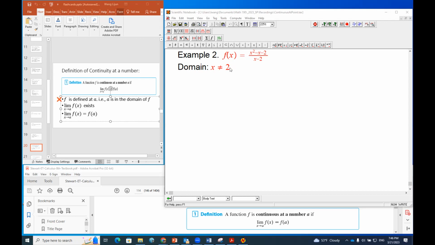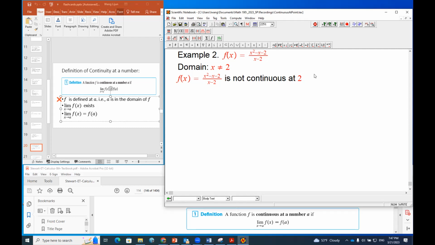The domain does not include 2, so this function is not continuous at 2. Do we need to check other conditions?